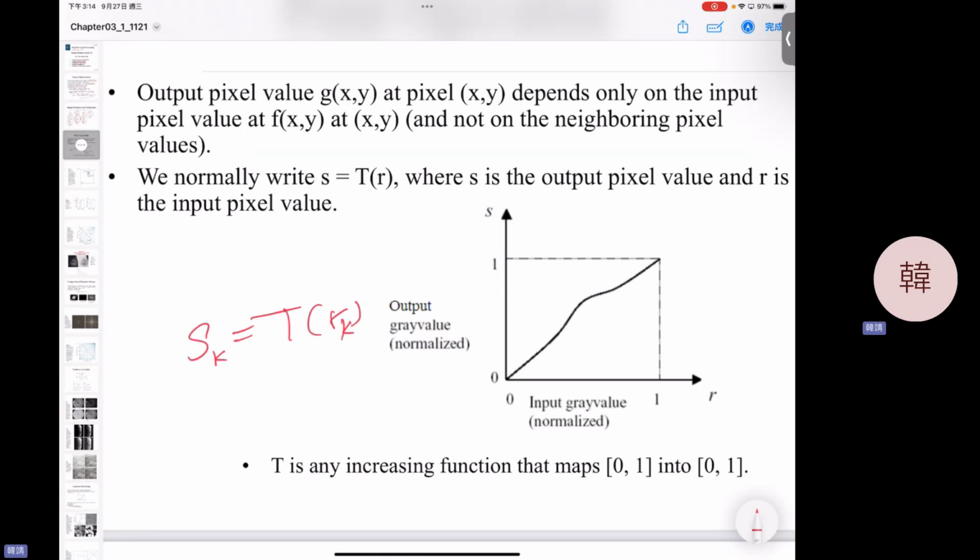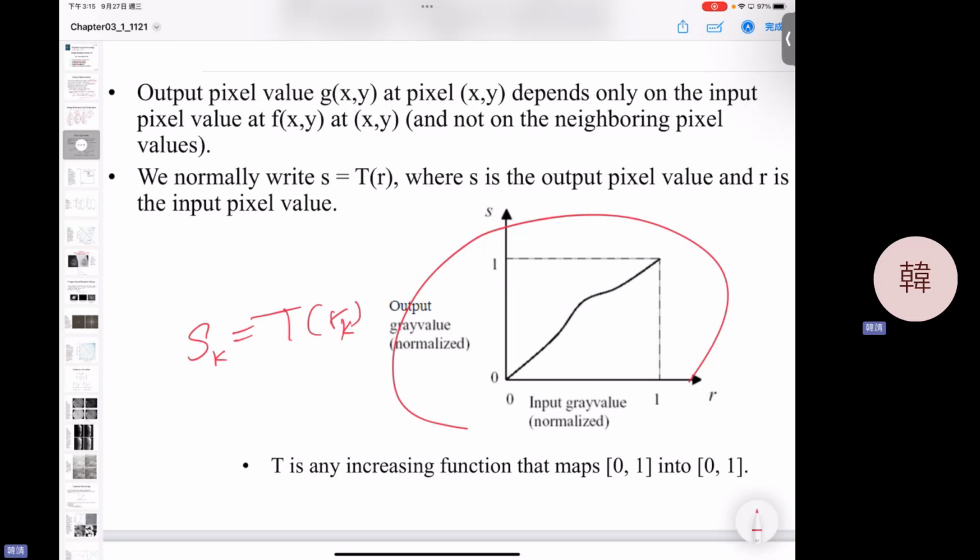So every different intensity level in your input, you are going to change to another grade level. And this transformation is monotonically increasing. Okay, this is quite straightforward. Monotonic, okay, there's no bending curve there. If you have a bending curve like a parabolic, maybe two values will change to 1, or 1 value changes to 2 values.